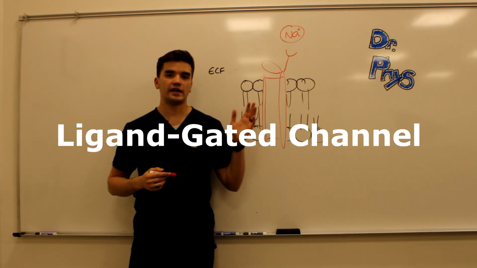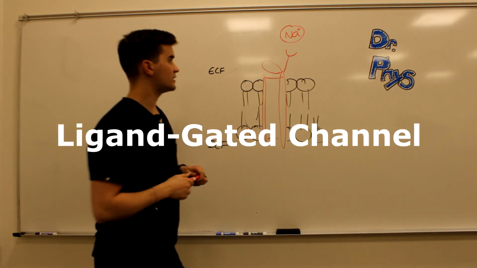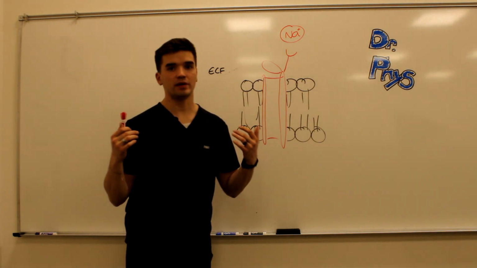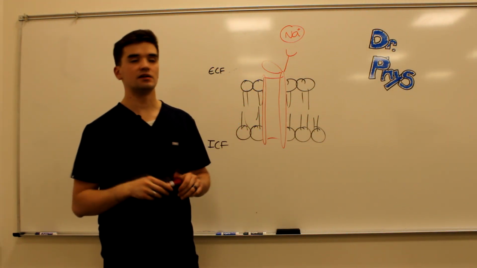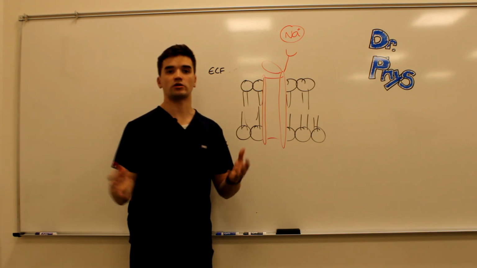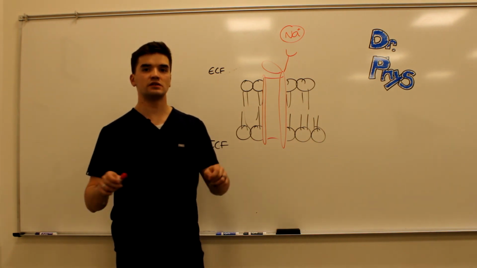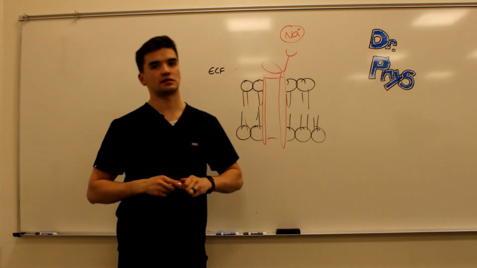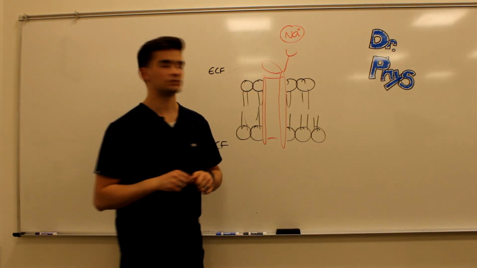This is called a ligand-gated channel. Ligand-gated channels are controlled by something called, as you can probably imagine, ligands. What is a ligand? A ligand is just a molecule or particle of some kind that specifically can activate the receptor that's at the top of the protein channel.